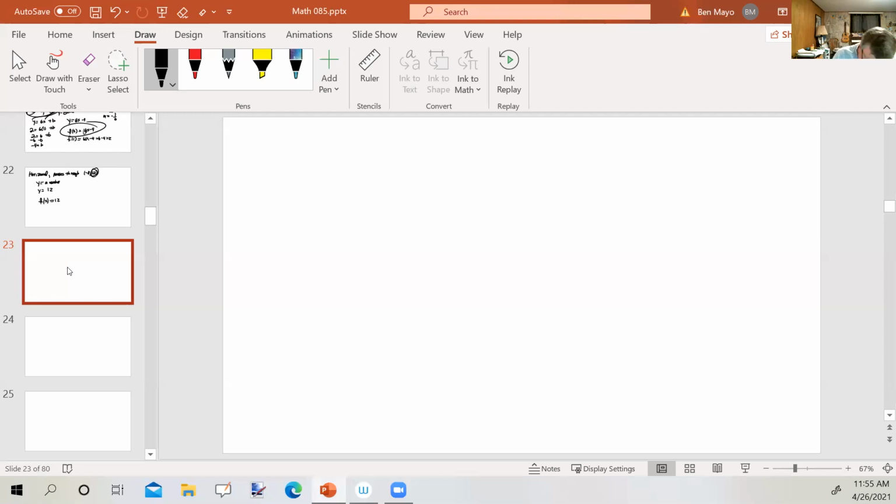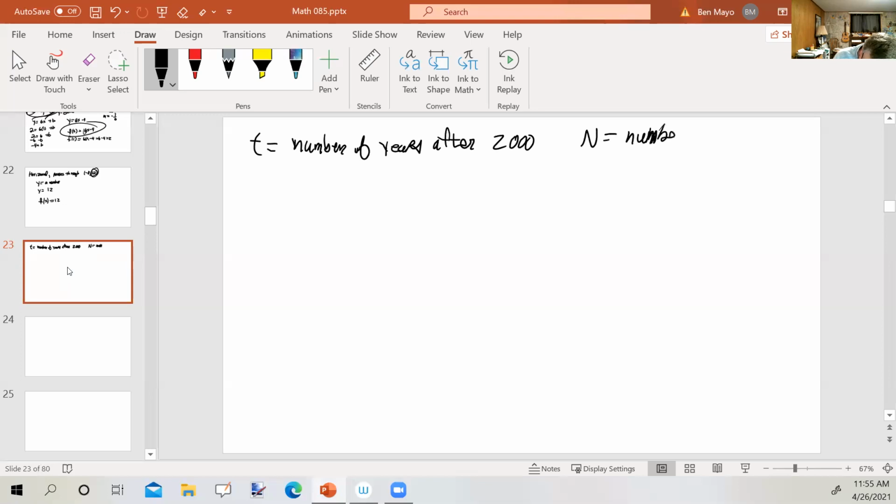Okay, so T equals number of years after 2000, and N equals number of registered nurses needed.